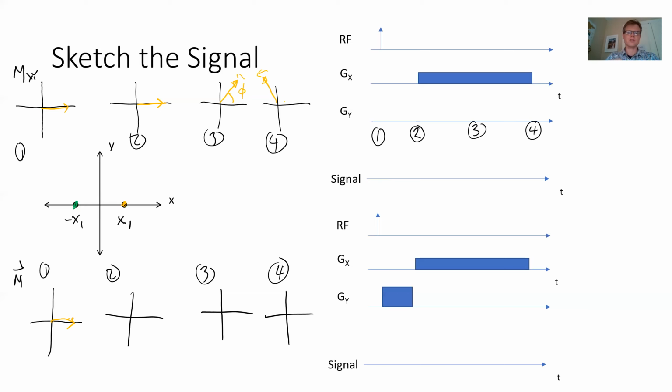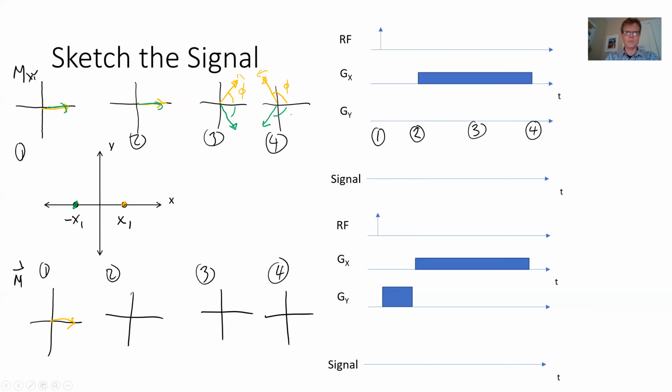This x1 position continues to rotate some angle phi, and our other position, the minus x1, also tipped by the RF pulse with nothing happening during the first interval, is going to rotate in exactly the opposite direction.